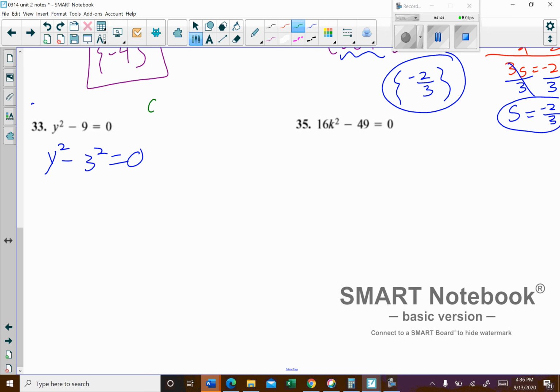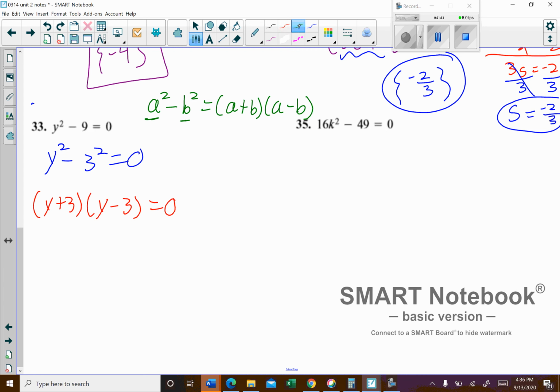If y'all remember this, I'll write it down. a squared minus b squared, you can write it as a plus b, a minus b. So that's the pattern here. If you can get this, then you just take the bases, do one with plus, one with minus, and that's what we'll do here. So y plus 3, y minus 3.